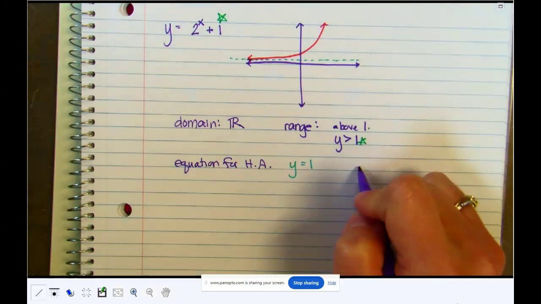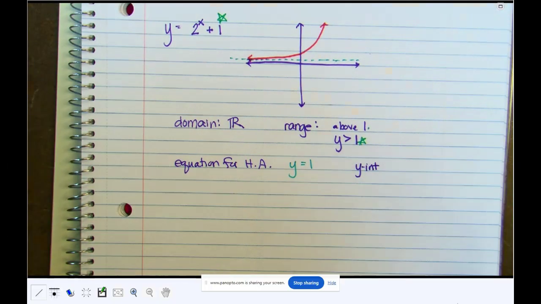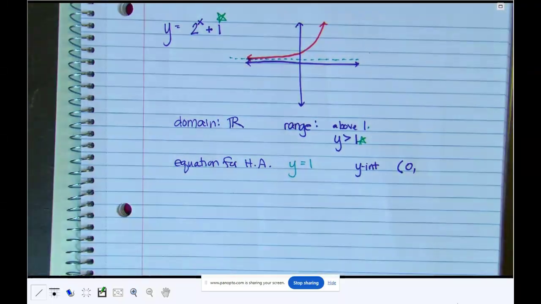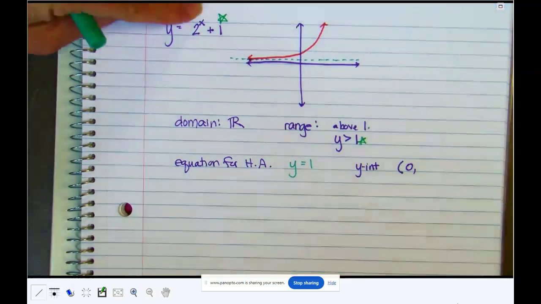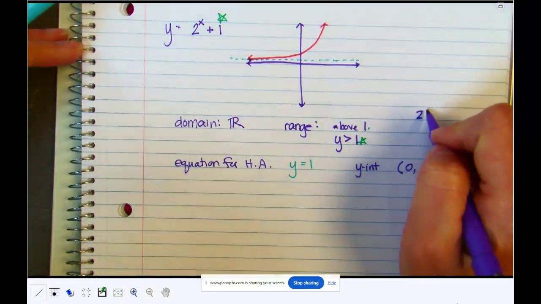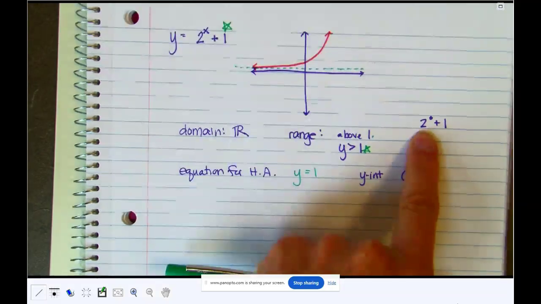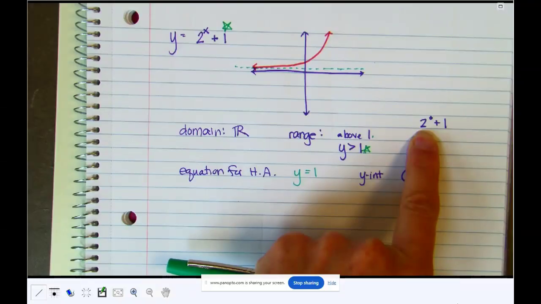Okay. And the last one is the y-intercept. And I said to you, it's always a coordinate point with 0 for x. So you come up to your equation and you plug 0 in for x. You do 2 to the 0 plus 1. And if you need to use your calculator, use your calculator. But you could use your brain too, because you know that anything to the 0 power is what? 1.